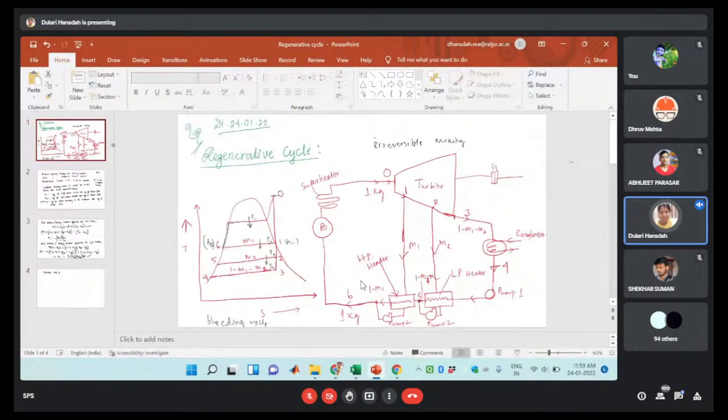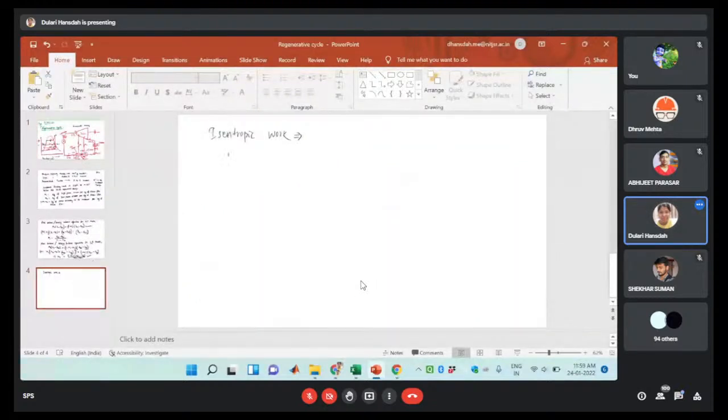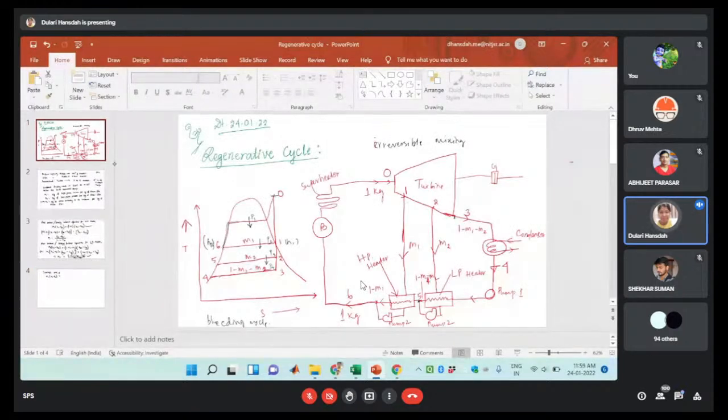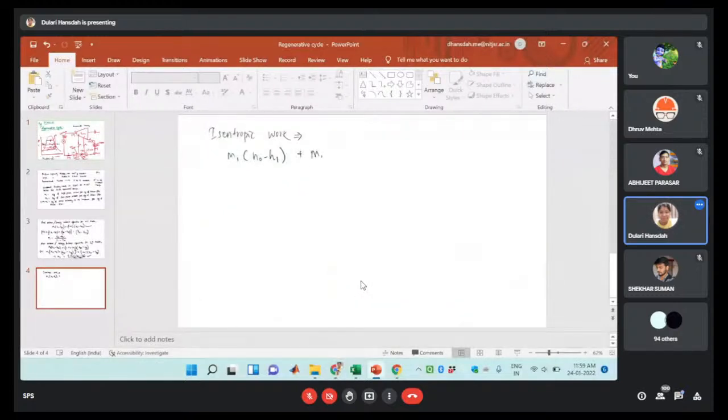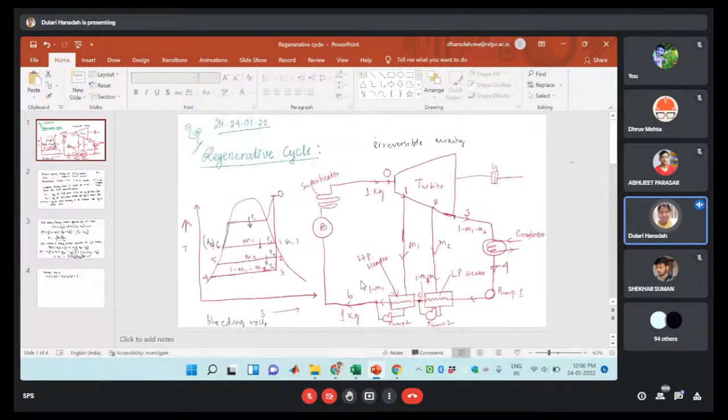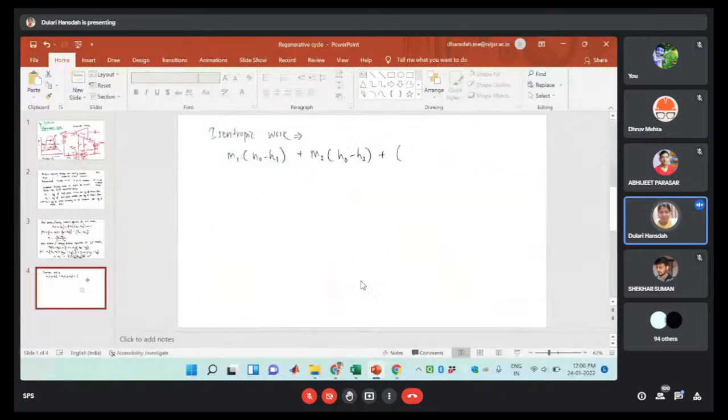So turbine work means first it is M1 into H0 minus H1 plus M2 into H0 minus H2 plus 1 minus M1 minus M2 into H0 minus H3. So this is the isentropic work.